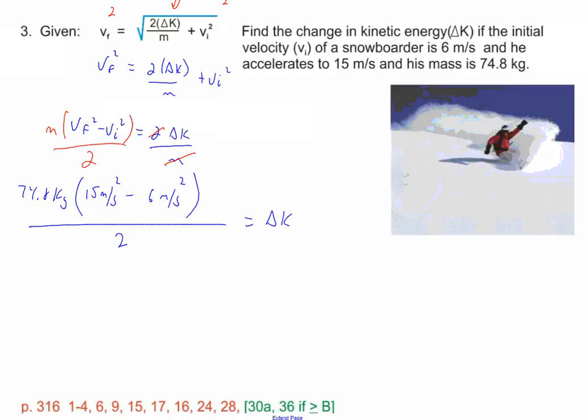Okay, I got 7,068.6. All right, 7,068.6. Now, what do you have? You have kilogram meter squared per second squared, and that is a joule.